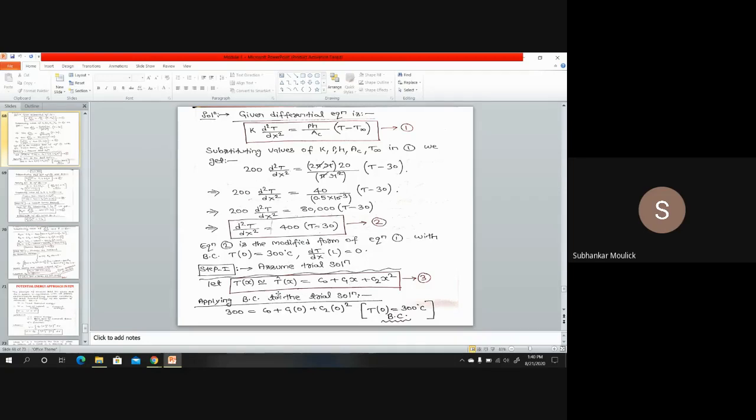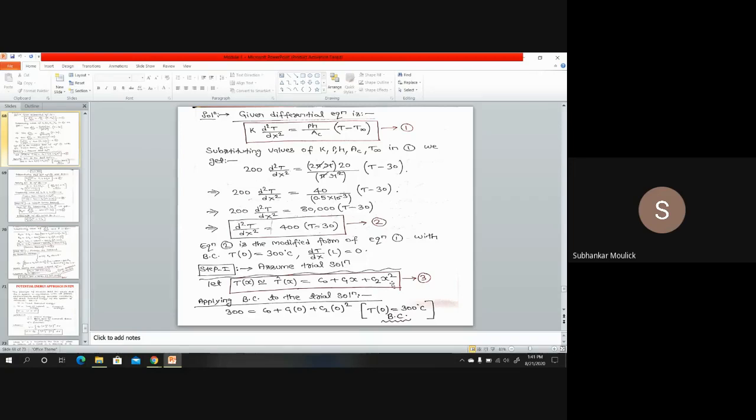So let us assume a quadratic trial function or trial solution, which is nothing but t cap of x nearly equal to t of x, and that is c0 plus c1x plus c2x square, where c0, c1 and c2 are the unknown constants which we need to find out by applying the given boundary conditions.